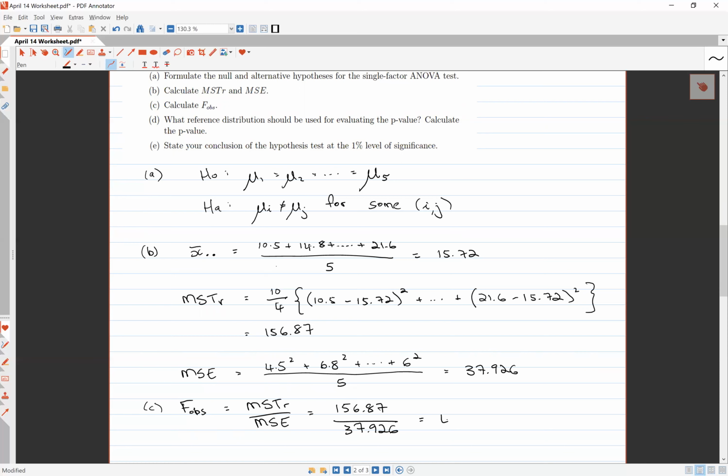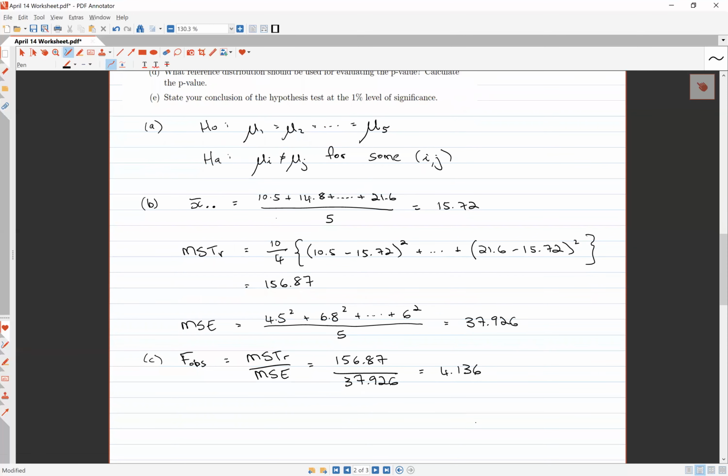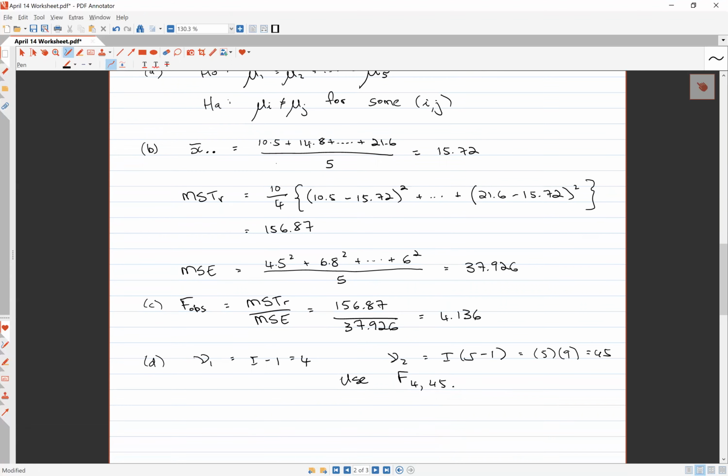And that is 4.136. So if we want the p-value, we need to know degrees of freedom. In this case, I minus 1 is 4, and I times J minus 1 is 45. So we'll use an F distribution with 4 and 45 degrees of freedom as a reference.